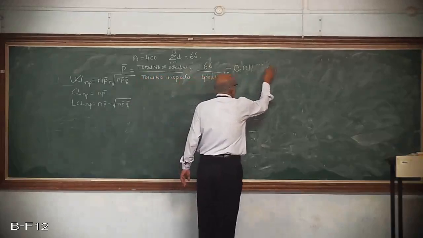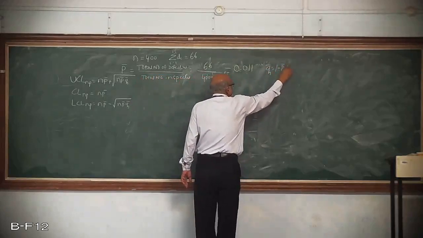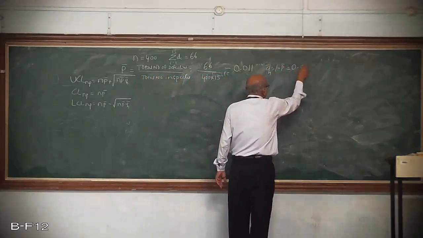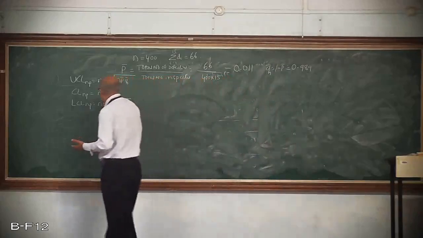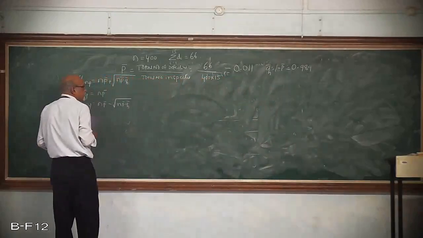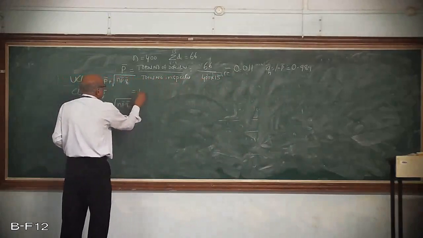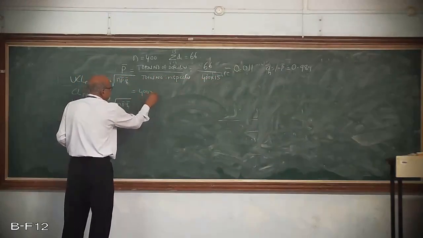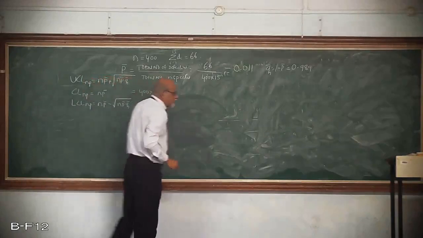Q bar is 0.989. And we have to find out the average number of defectives, that is NP bar. NP bar is equal to 400 into 0.011.